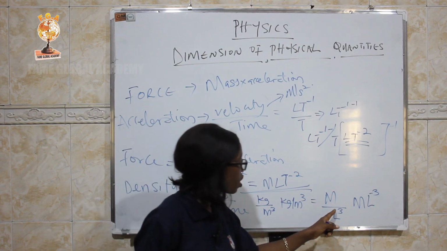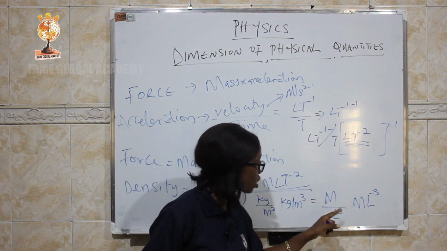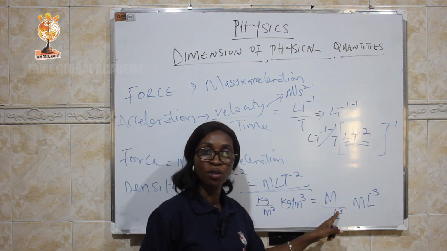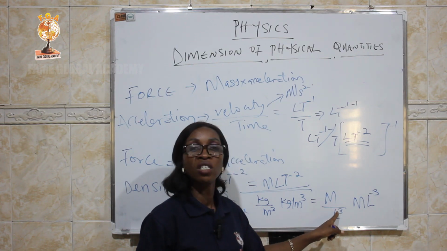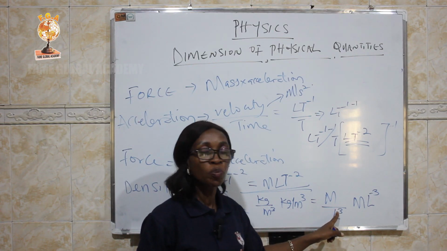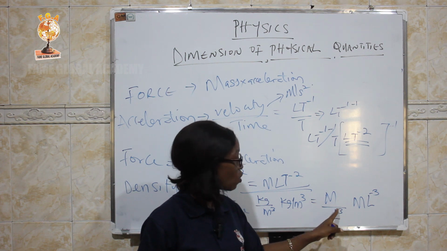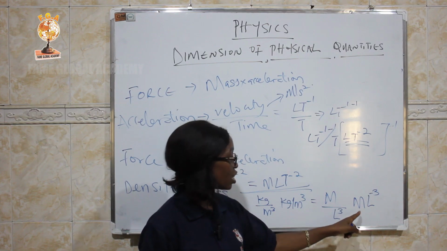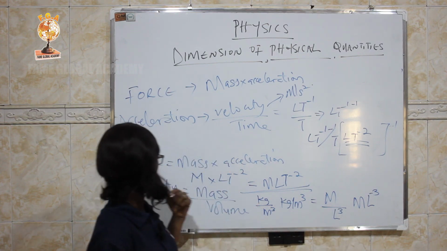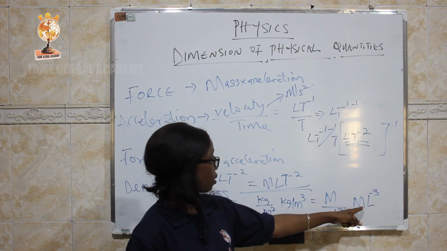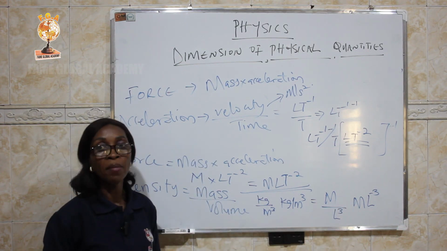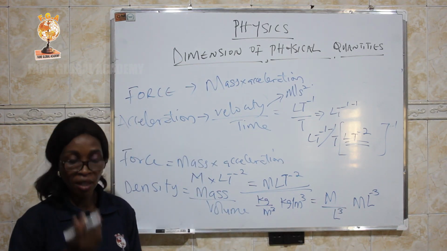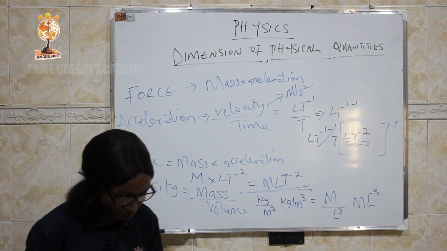Once this goes up, because of the division, it changes sign. Since there is an assumed positive sign, this is plus 3, and once it goes up, it becomes minus 3. So this is now the dimension for density, ML minus 3.